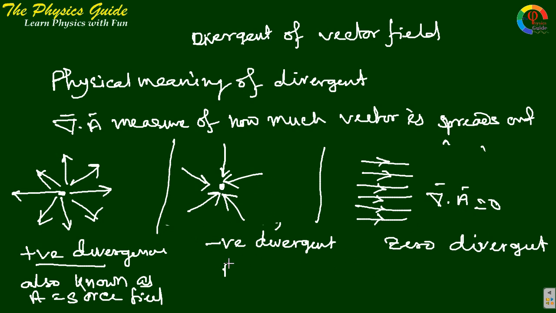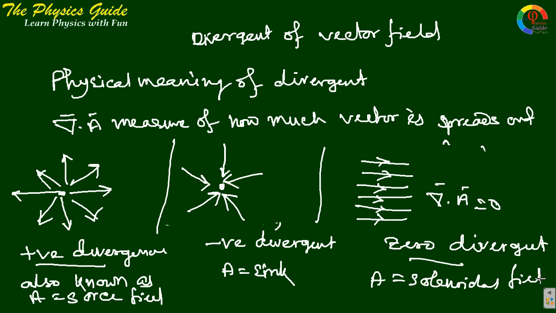For this case, A is called a sink field, means absorbing sink field, and for this case A is called a solenoidal field. As an example, del dot B equals 0, so B is a solenoidal field.